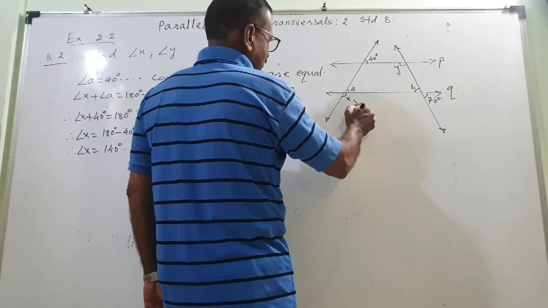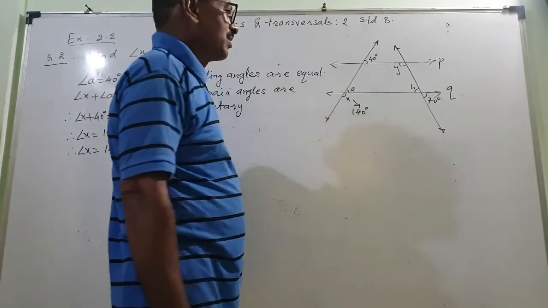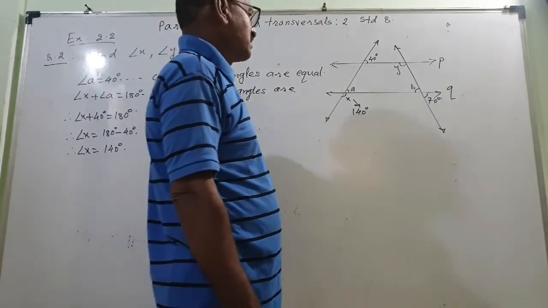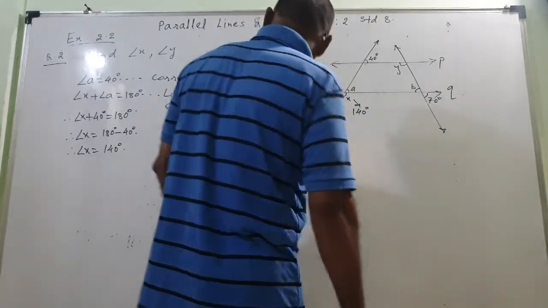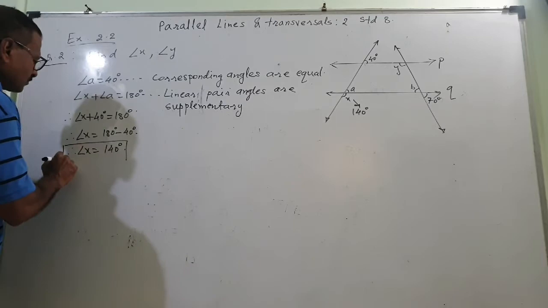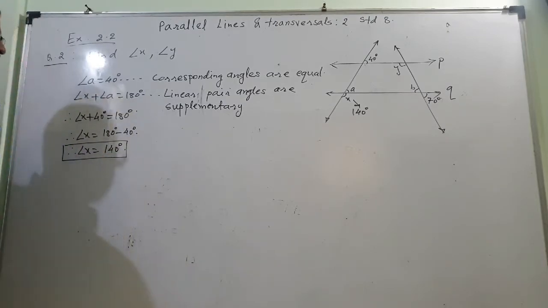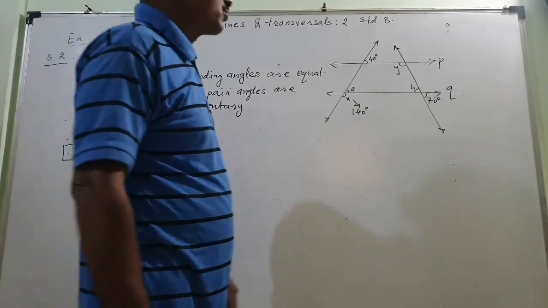The answer for X is 140 degree. Okay. Now, this part is all. I will write a box for this, so highlight this so that the examiner will become happy. You are an intelligent student.